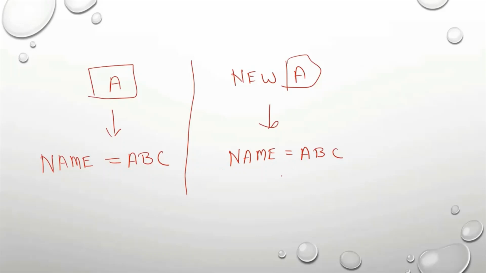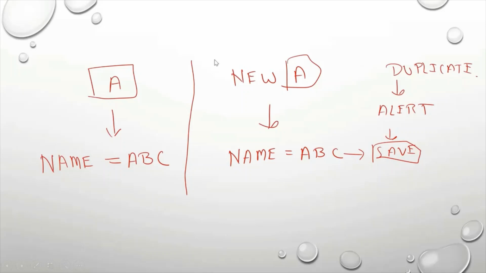Before I hit the save button, I will get an alert stating that this is a duplicate record. How will I get this message? You can change the input values and try to save this record.